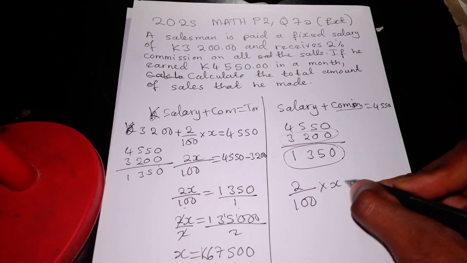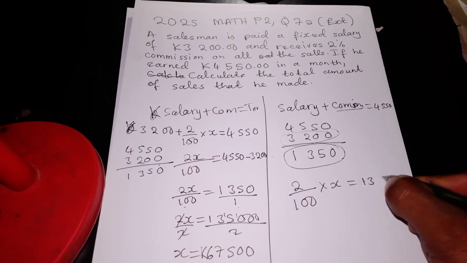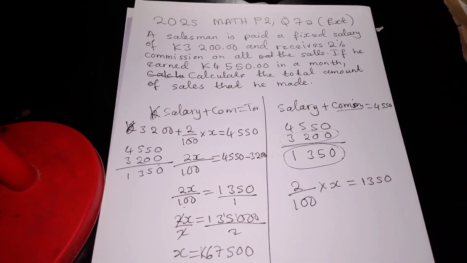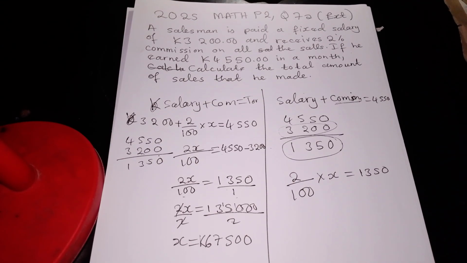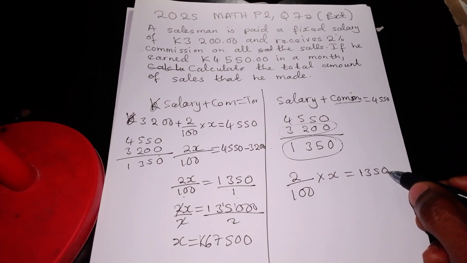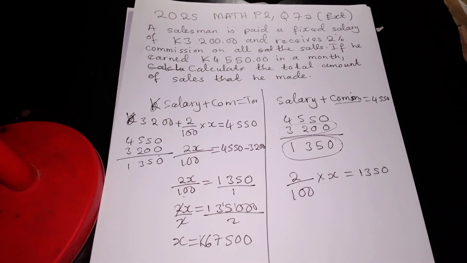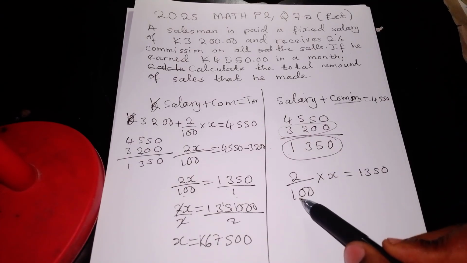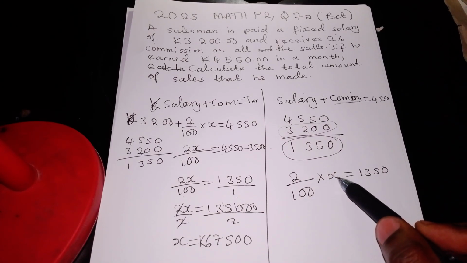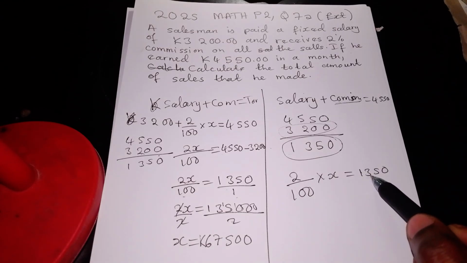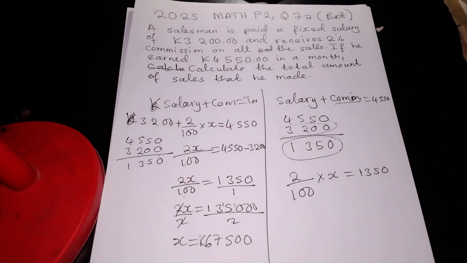So you can say 2% of x is 1,350. An alternative method is to multiply this by the reciprocal, but I think it's much easier like this. So 2% of the total sales is 1,350.